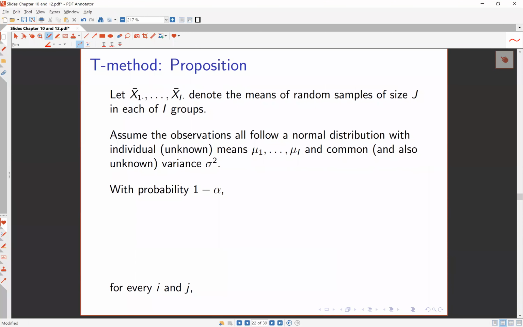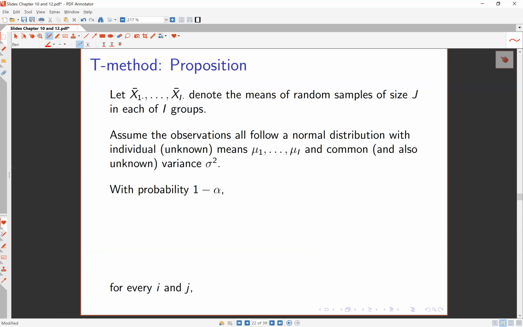Now, if we think of the group means as random variables, so we have I different groups, and each group has J random observations, then the ith group average is a random variable that behaves like the average of J independent and identically distributed random variables.